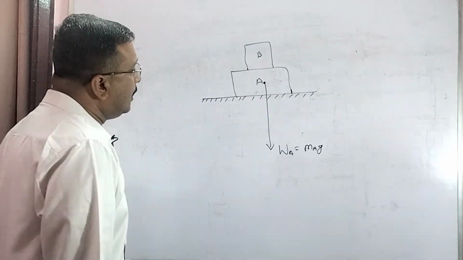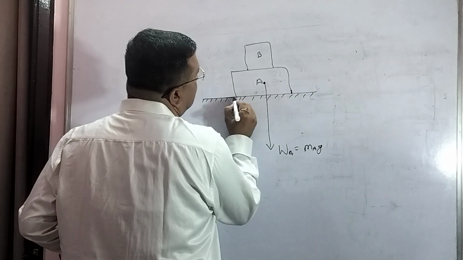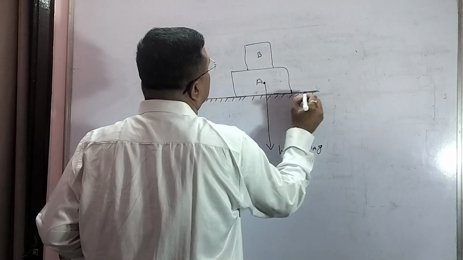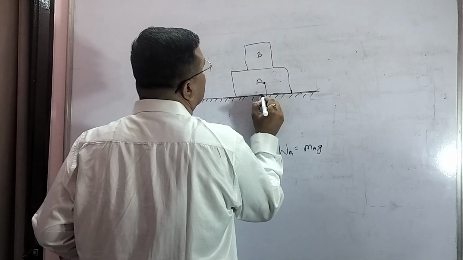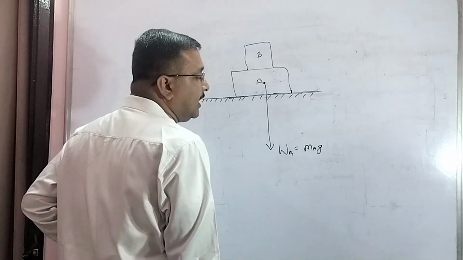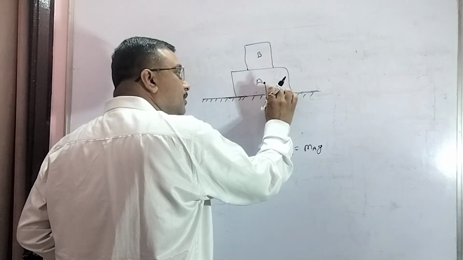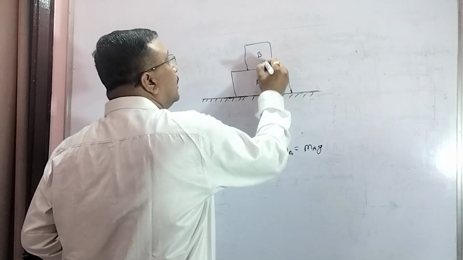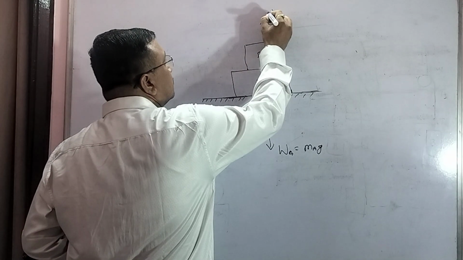अब हम लोग, we have already seen that if the particle is placed on a surface, the surface will exert a force of normal reaction. Exert a force of normal reaction. Correct. So this is the common surface, so it will apply a force of normal reaction in this direction.